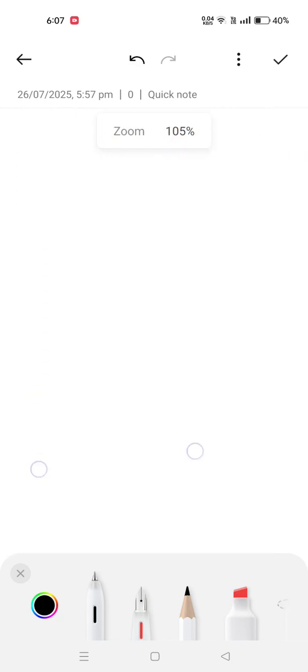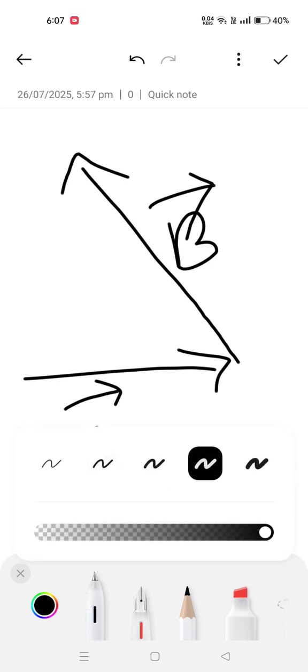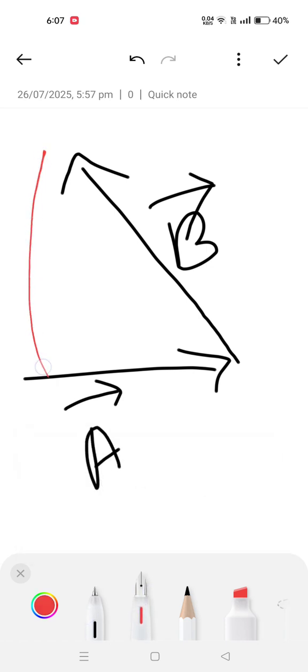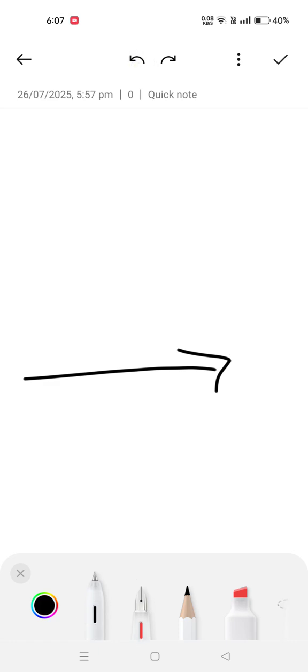Next, if the resultant, supposing this is a vector and this is b vector, and we have the resultant as the c vector. This is c vector, not an accurate diagram. Wait, one second.